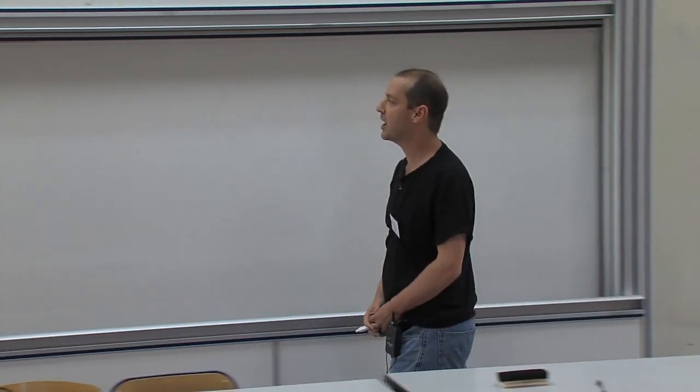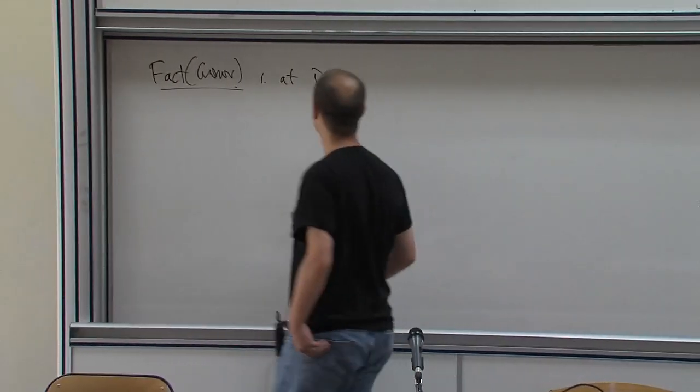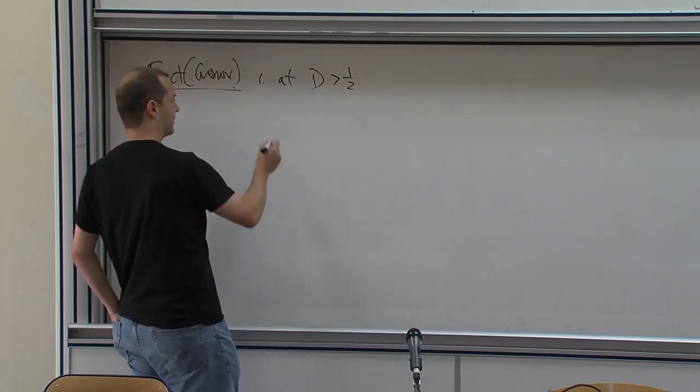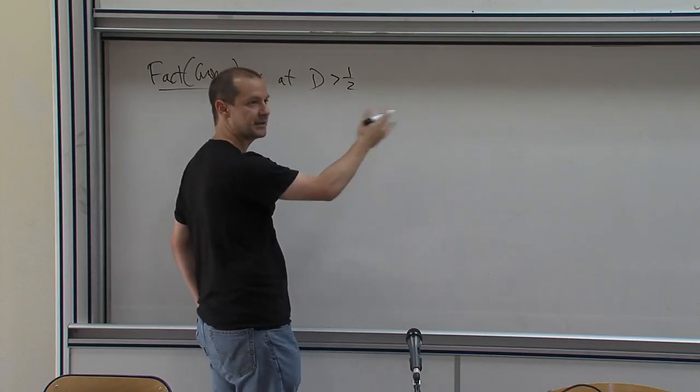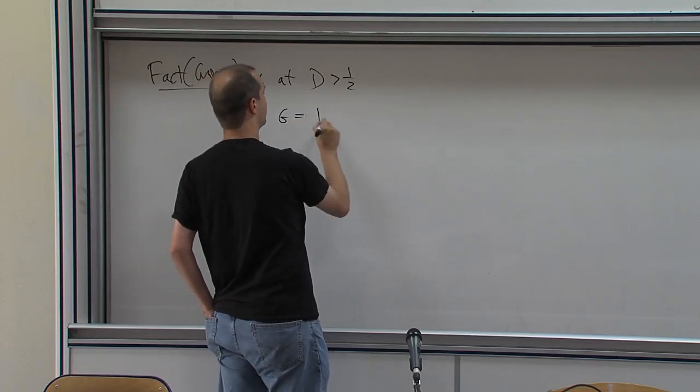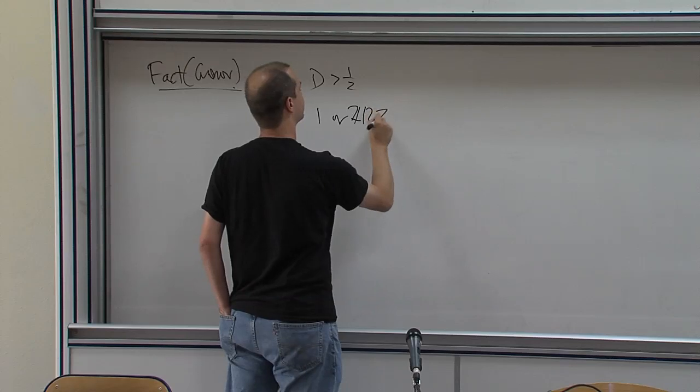So let me tell you what Gromov showed. Firstly, at d bigger than a half, with overwhelming probability, the group G is either the trivial group or Z mod 2Z.